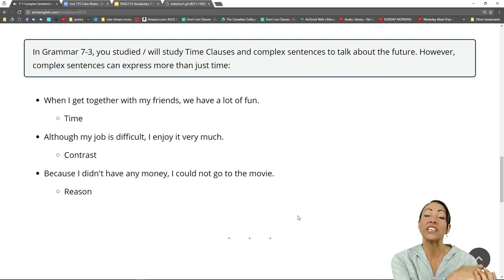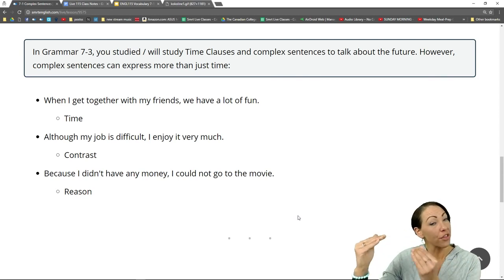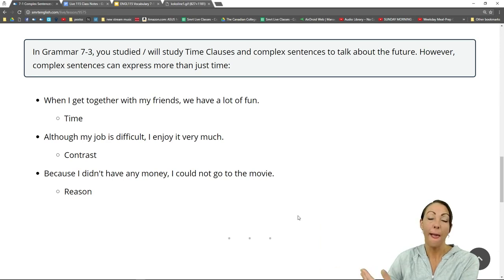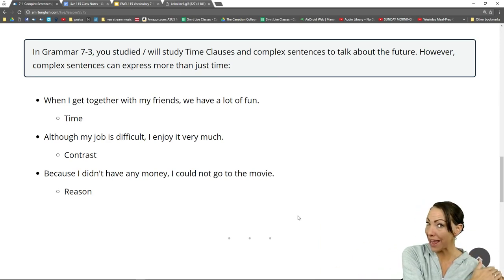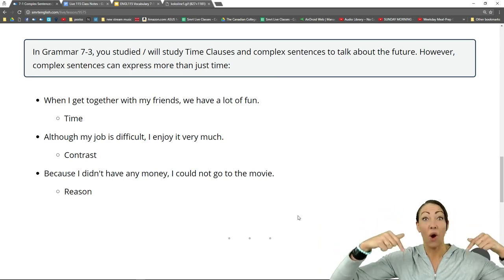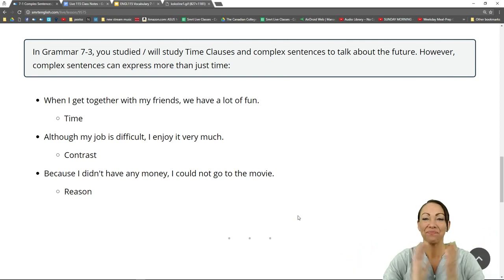We'll be studying time clauses and complex sentences so that we can talk about the future, or what is going to happen, right? Future is going to happen. Past has already happened. Present is right now, right?